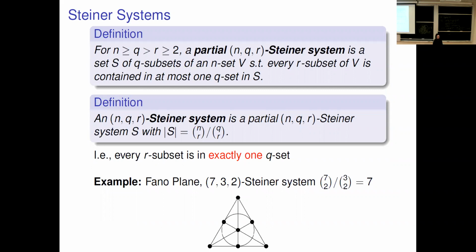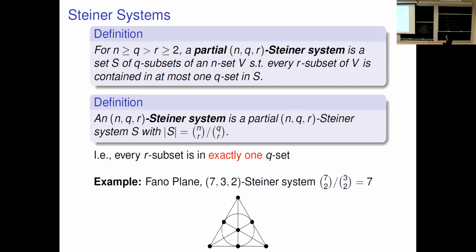When n is equal to 7, r is equal to 2, and q is equal to 3, we're thinking about a 3-uniform hypergraph on 7 vertices, where we can throw in an edge for each line in the Fano plane. And looking at the properties of the Fano plane, we see that every pair of vertices lives in exactly one line. So this is a (7,3,2) Steiner system.